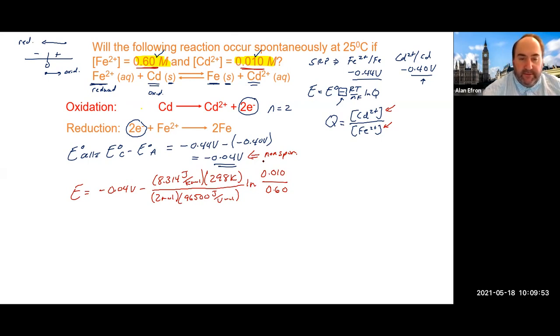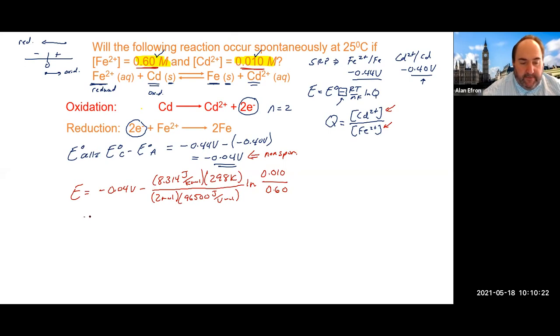All right, so let's do some cleaning up to see what we have to work with. We'll start with the 8.314 times the 298 divided by the 96,500, and now dividing that by 2, which, by the way, if you do just that division part, is where you get that 0.0257 number we saw earlier.